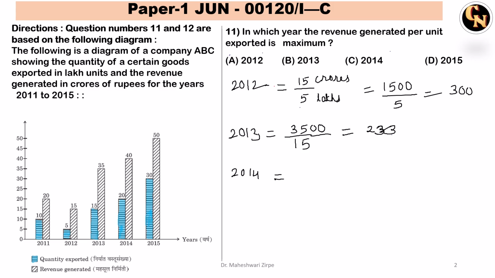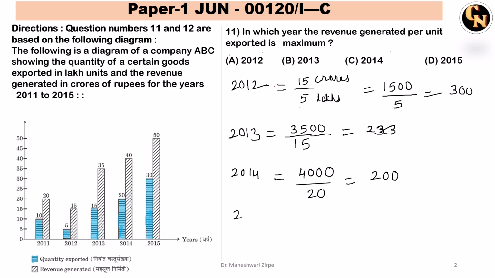Okay, 233. Now next is 2014. In 2014, the revenue generated was 4,000, and here the export quantity is 20. This is all in lakhs and crores, I have directly converted. So you are going to get 200.